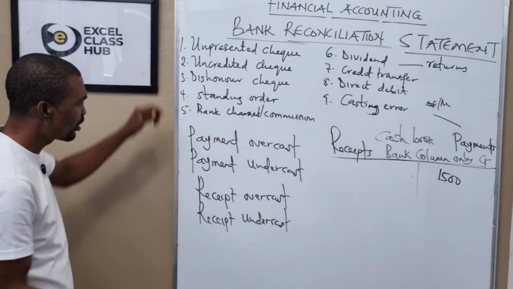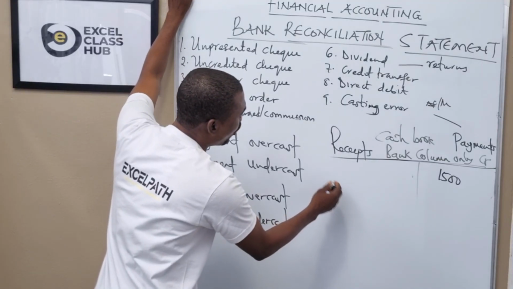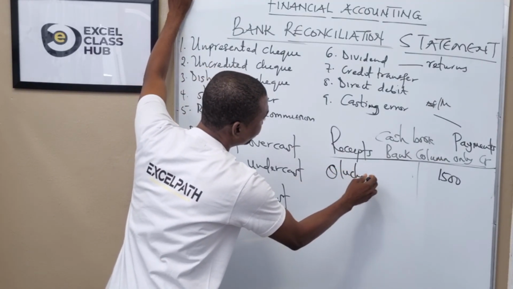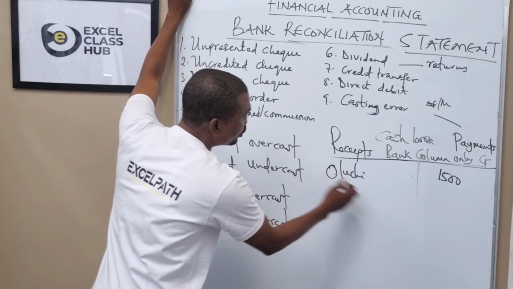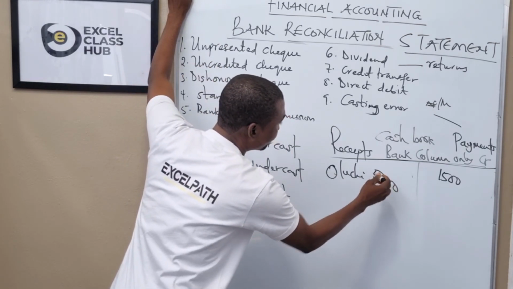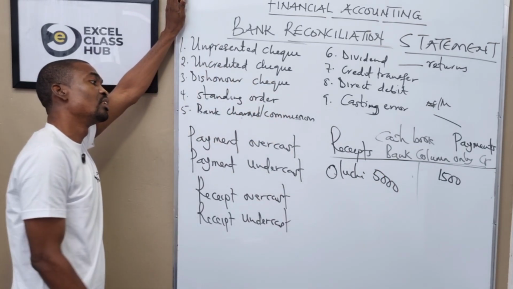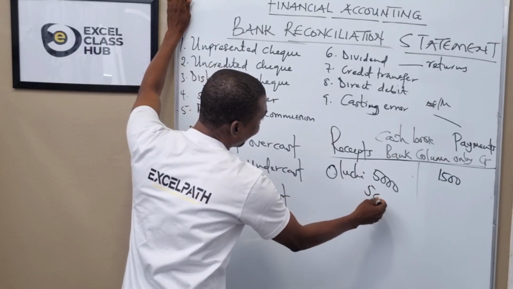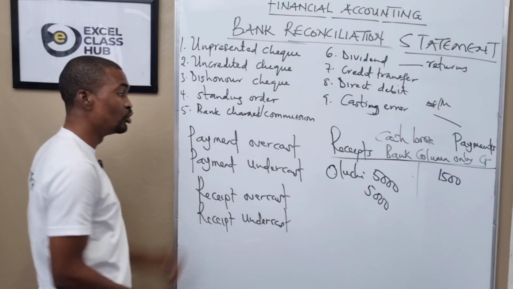Now, assuming that your company is owing Oluchi 5,000 naira. Okay? Now, you now paid 5,000 naira to Oluchi.